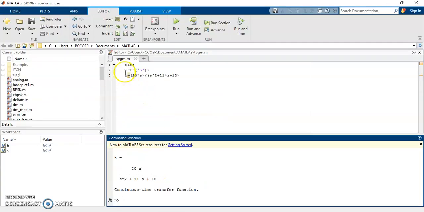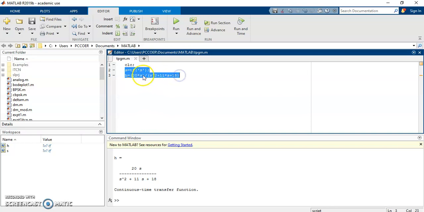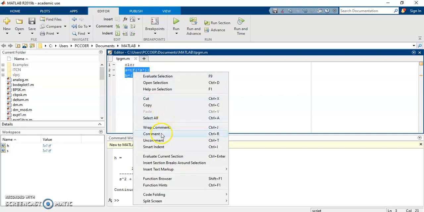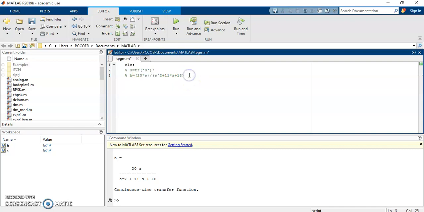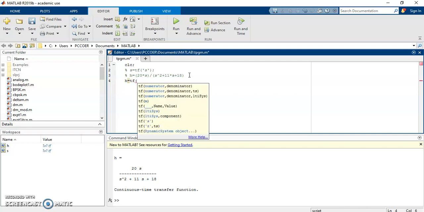Here these two lines of the program, I will comment them, so that in the same program I will write using the coefficients. What we need to write is h is equal to TF, in bracket numerator coefficient 20, comma, denominator coefficients 1, 11, 18.